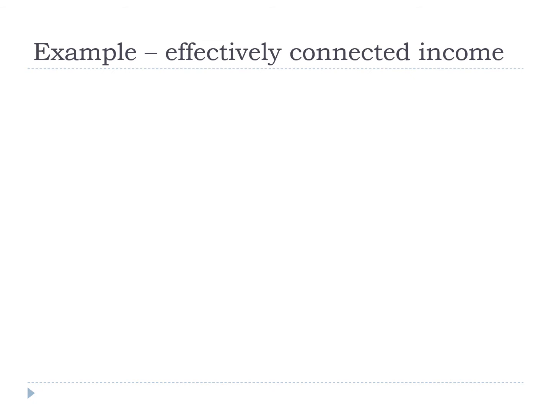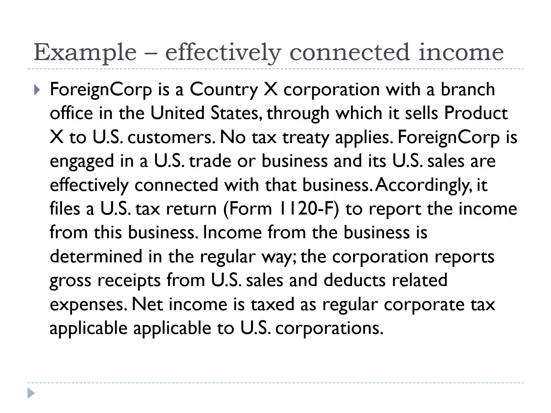Here's an example of effectively connected income. Foreign Corp is a Country X corporation with a branch office in the United States through which it sells product X to U.S. customers. No tax treaty applies. Foreign Corp is engaged in a U.S. trade or business, and its U.S. sales are effectively connected with that business.